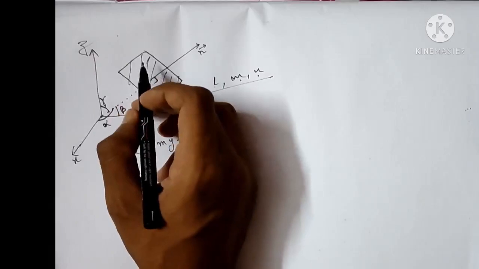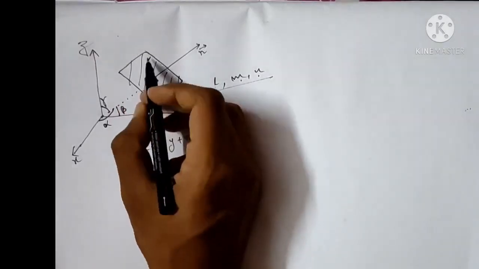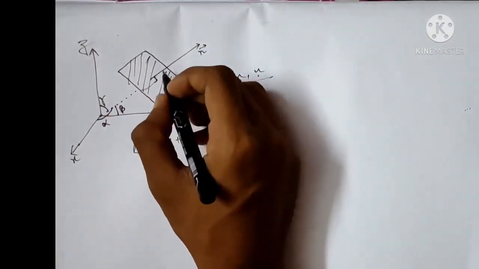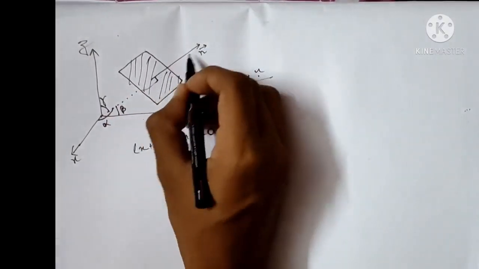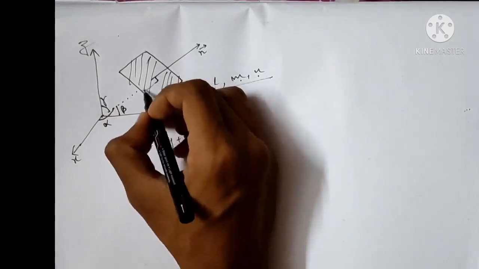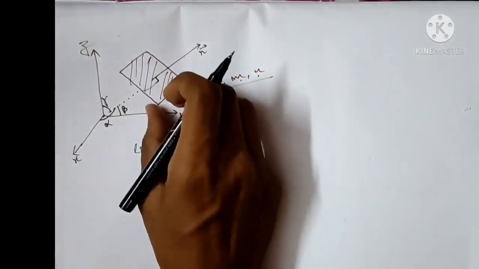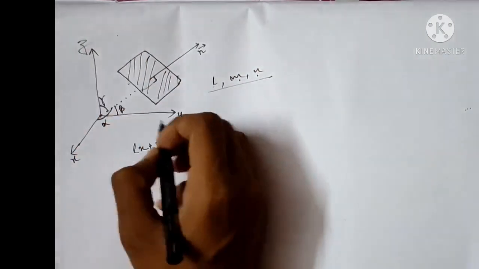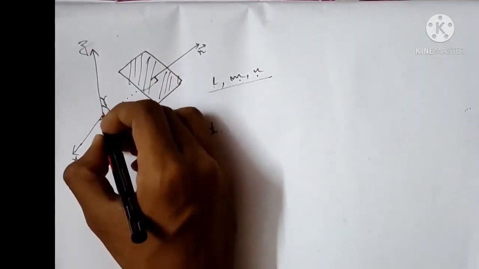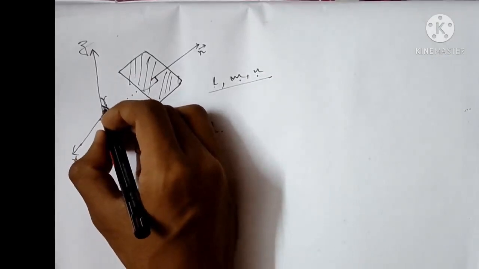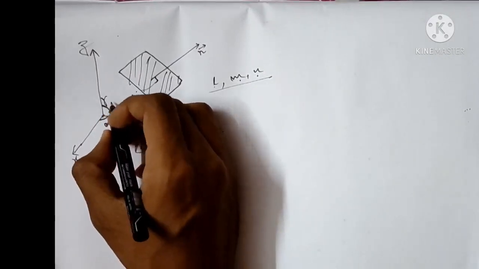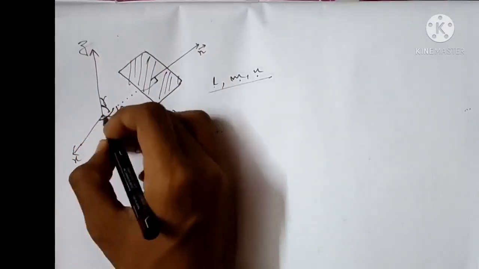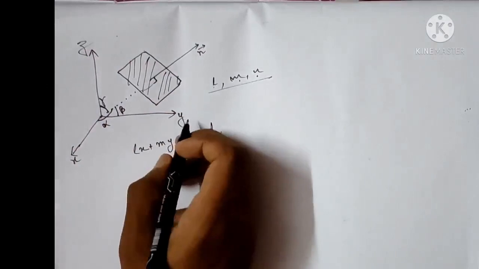Any one plane we are drawing, suppose this one, as I have drawn here. Now n is the perpendicular to this plane. For this 3D geometry, it is just a vector, and it has angle gamma with the z axis, alpha with the x axis, and beta with the y axis.